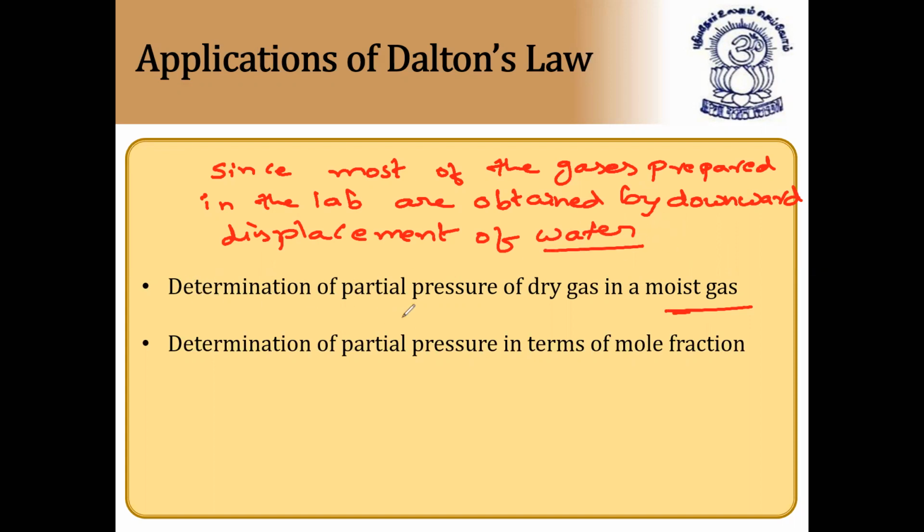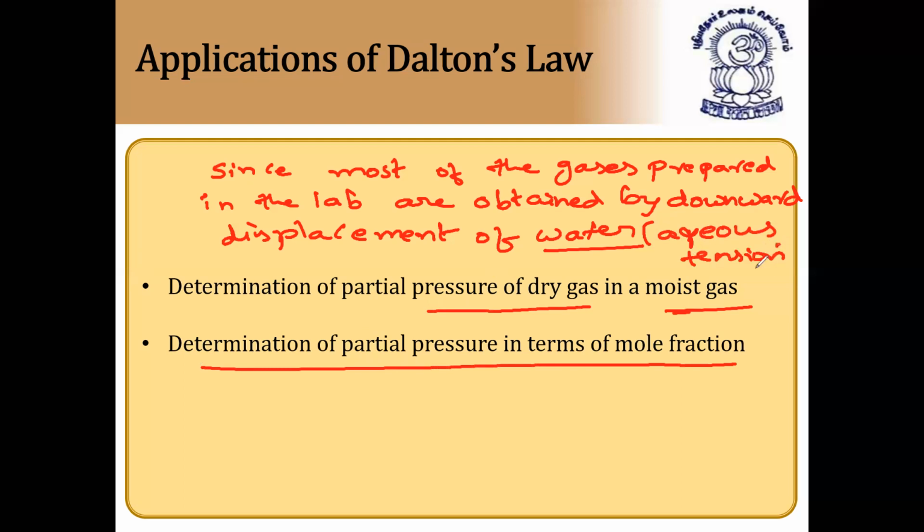So, determination of partial pressure of dry gas in a moist gas and determination of partial pressure in terms of mole fraction. Both are important. We can find out the pressure of dry gas by using the moist gas, and that is called aqueous tension. The pressure applied by water is called aqueous tension.